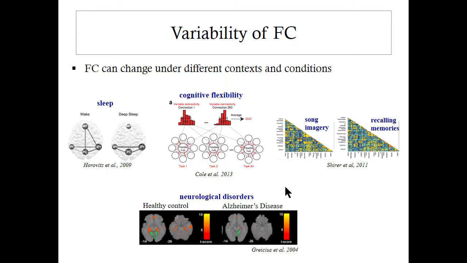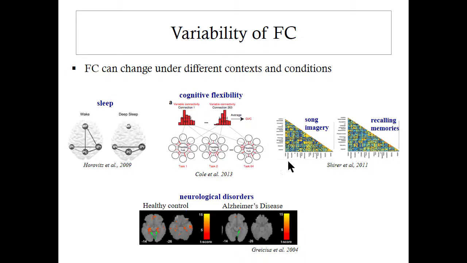There may also be changes in connectivity with neurological or neuropsychiatric disorders. A key early study by Michael Greicius found that in Alzheimer's disease, the hippocampus becomes less strongly correlated with other parts of the default mode network compared to age-matched controls.